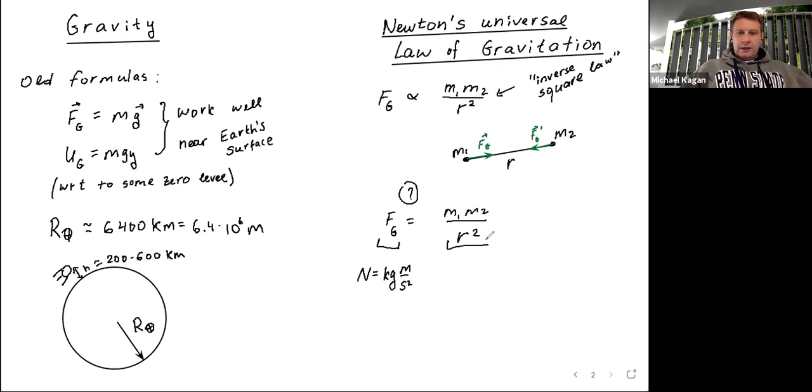On the right-hand side, mass times mass, that's a kilogram squared, over distance squared, which is meter squared. These are different combos, not equal. So you need to put that constant G to make this work.